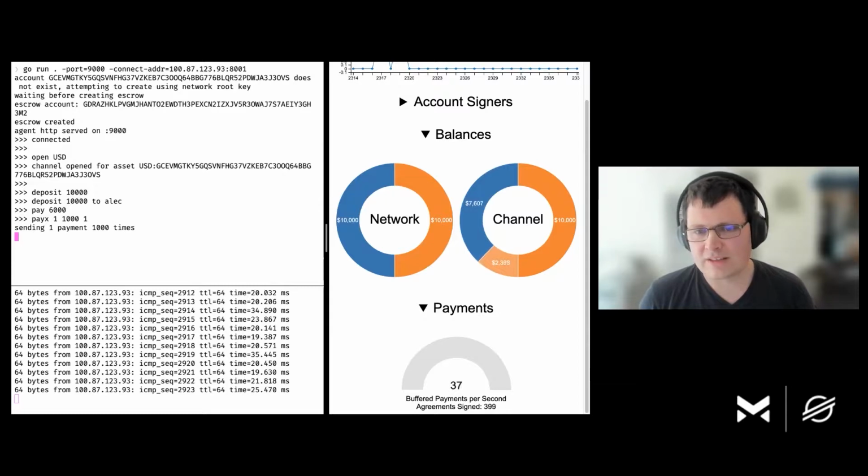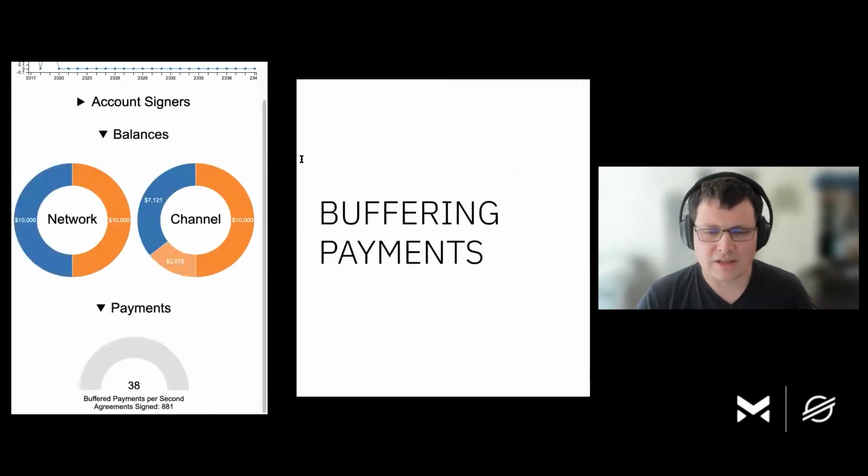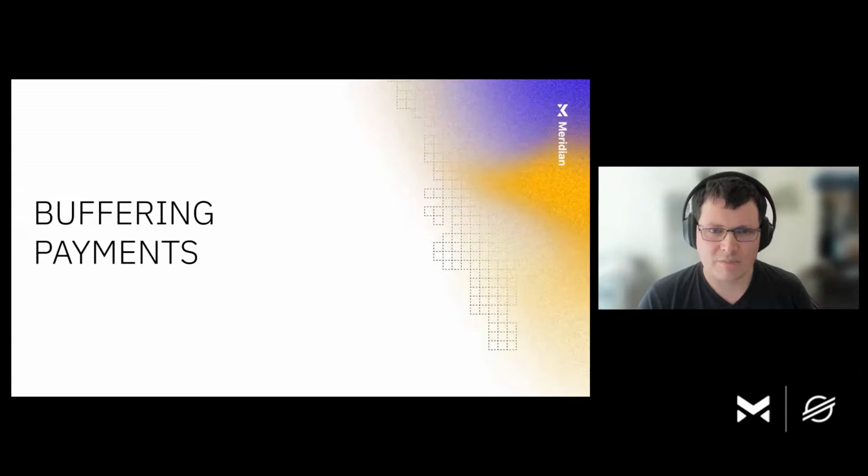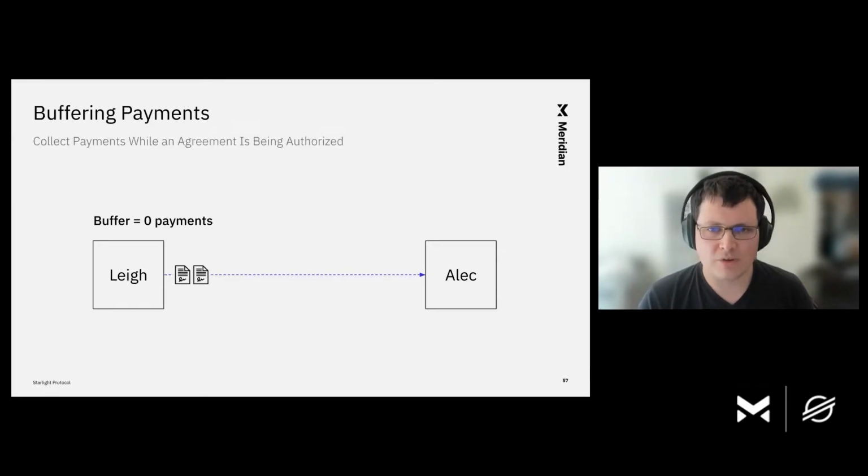So not all use cases require that the result of every payment be confirmed before another payment begins. In Starlight channels, we've been experimenting with buffering payments. Buffering is the process where we collect payments while we wait for the opportunity to propose the next agreement.